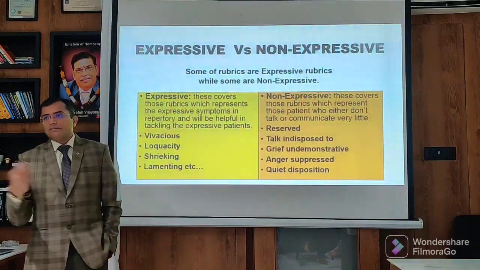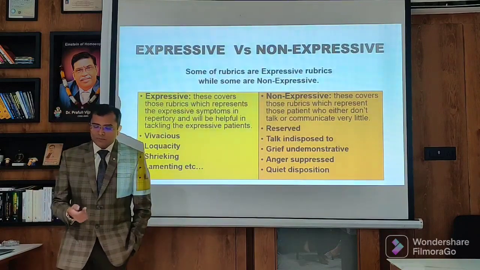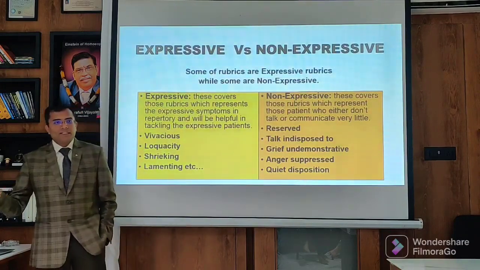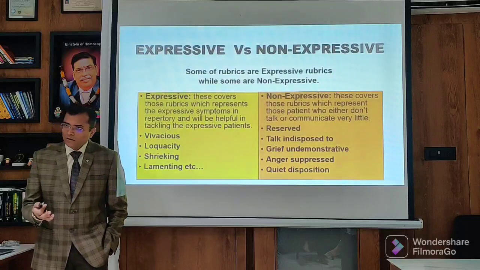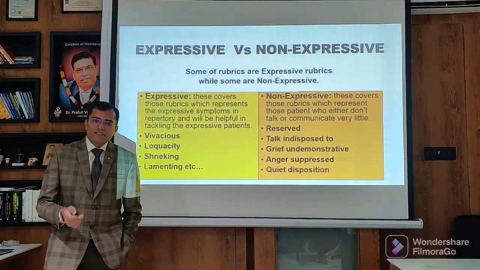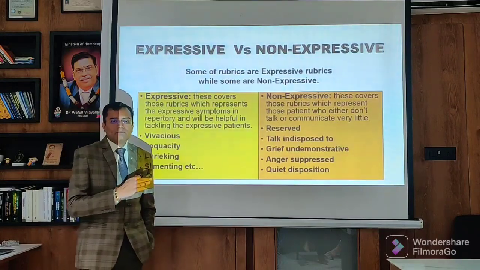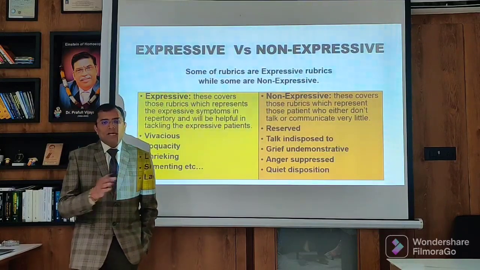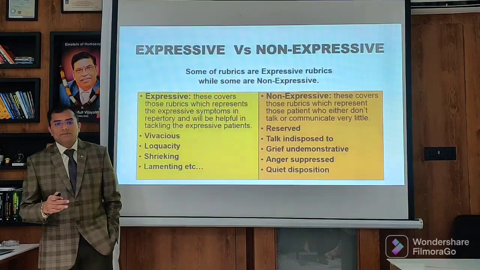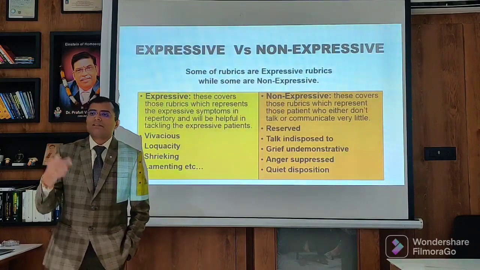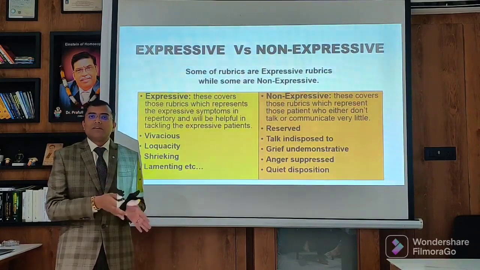So expressive versus non-expressive rubric. Some rubrics are very expressive, some rubrics are non-expressive. Now what is the expressive rubric? This covers those rubrics which represent expressive symptoms in the repertory and will be helpful in tackling an expressive patient. Most expressive patients will tell you this kind of rubric.